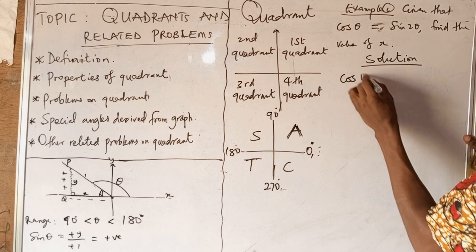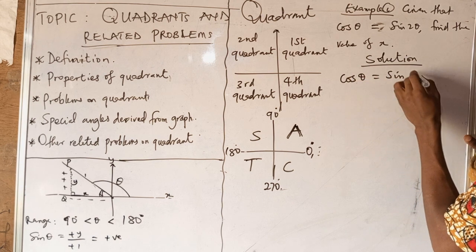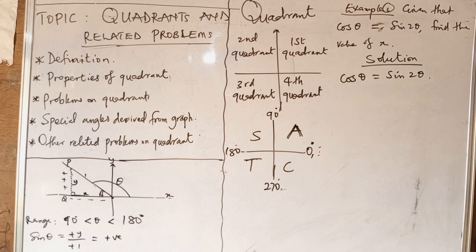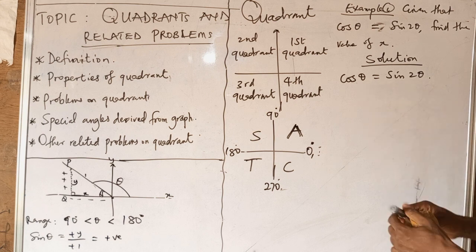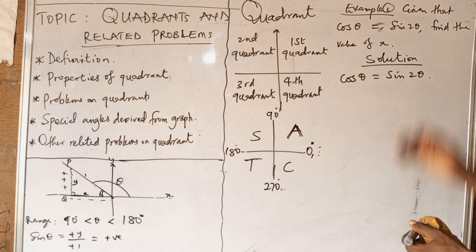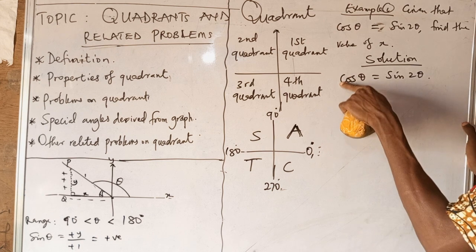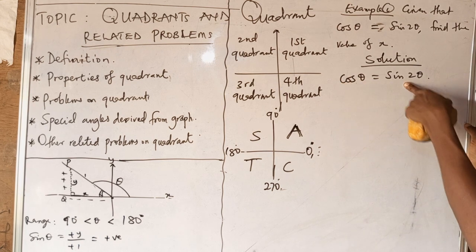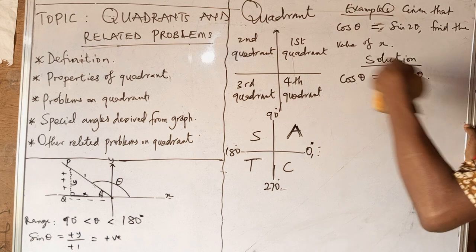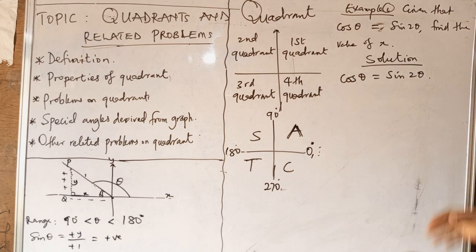We have cos theta is equal to sine 2 theta, right? So what you do is make sure that the two ratios on both sides are of the same order. What that means is that if this is cosine, this also must be cosine, or if this is sine, this also must be sine. So how do we achieve that?